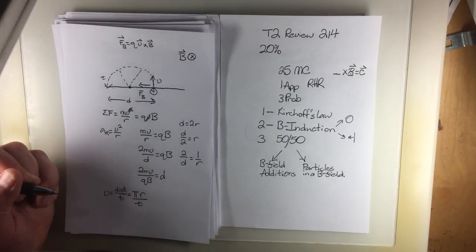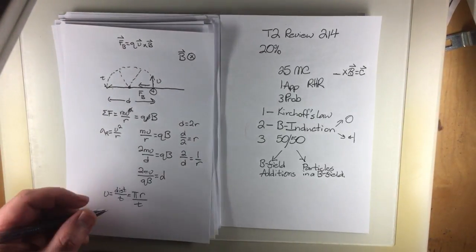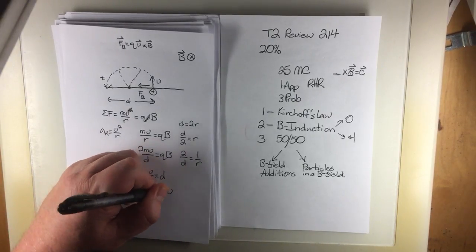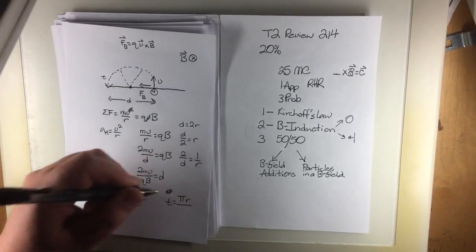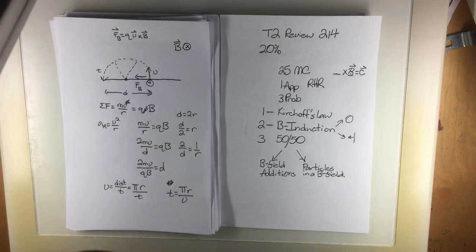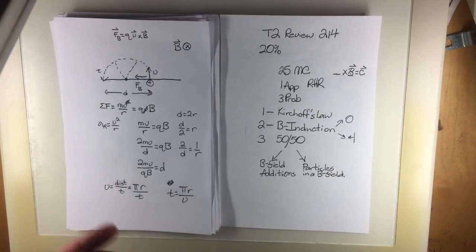If I gave you the velocity and asked for the time, then t is pi r over v, and then you can get the time that way. If I asked for the period of the motion, that would be a full circle, so you would use 2 pi r over t and solve for t.